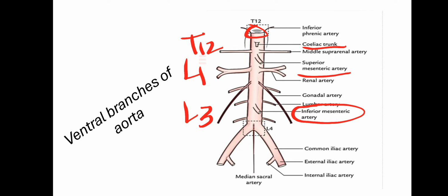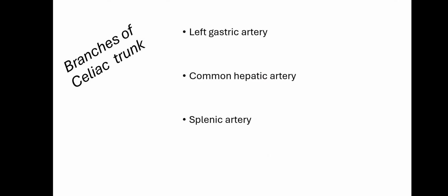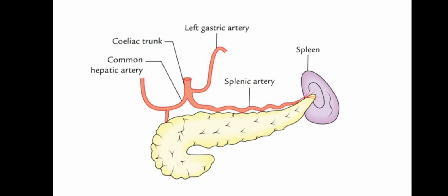We'll be seeing about the celiac trunk as the question is on splenic artery. The branches of the celiac trunk are the left gastric artery, the common hepatic artery, and the splenic artery. Here we have the very short celiac trunk immediately giving off the left gastric artery.